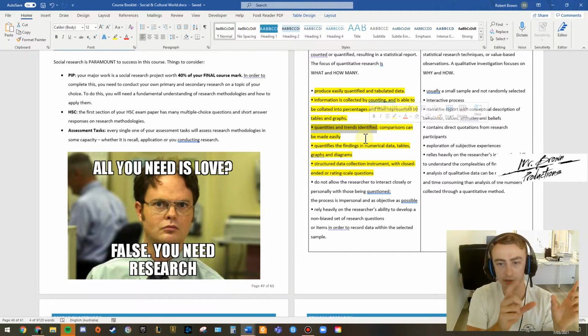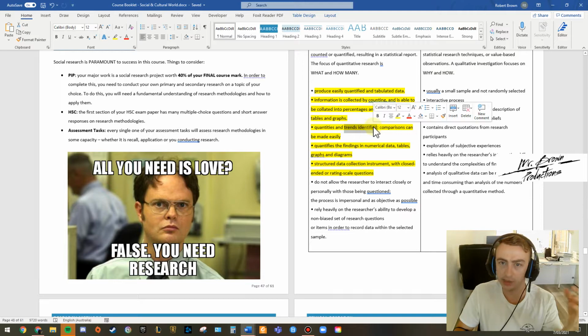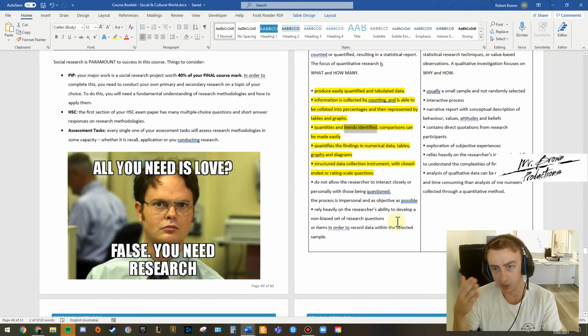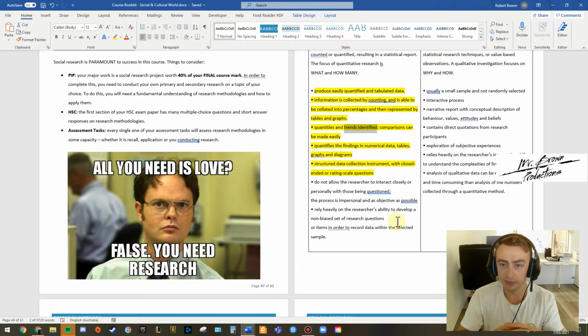So you can then, using those numbers in quantities, establish trends. So you might think, okay, why is it that almost 90% of males agree with such and such, and why is it that less than half of all females agree with that statement? So you can look at different trends just based off numbers and identify those.